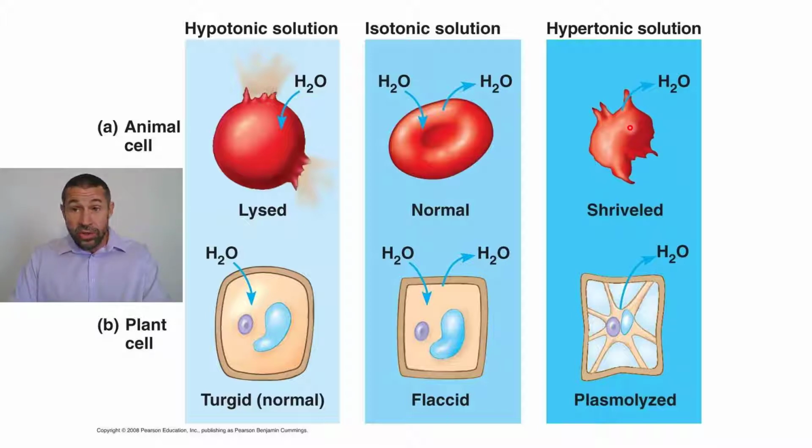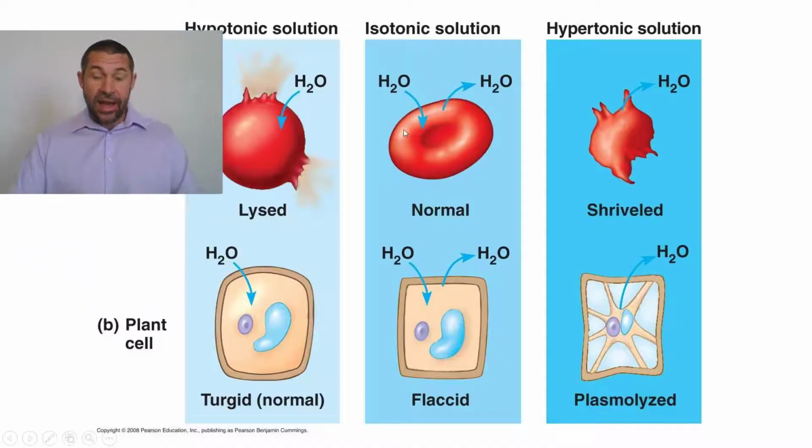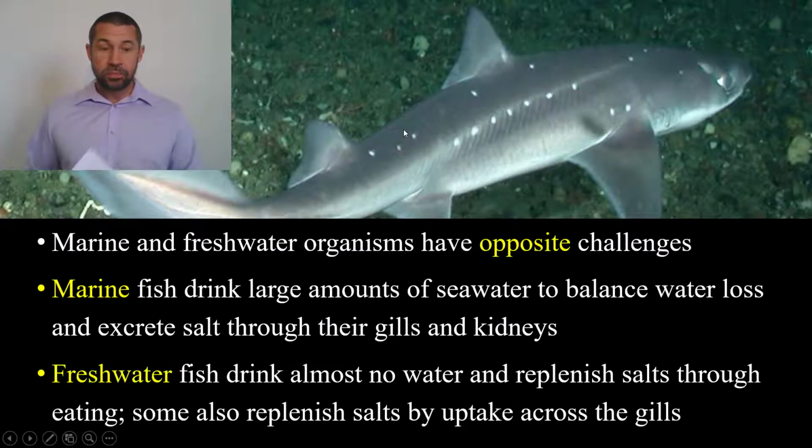So the hypotonic cell is going to shrivel up and become flaccid. In the center, we have an isotonic solution. So what that means is the amount of water and salt is balanced in the environment relative to the cell. So we have equal amounts of water moving into and out of the cell.